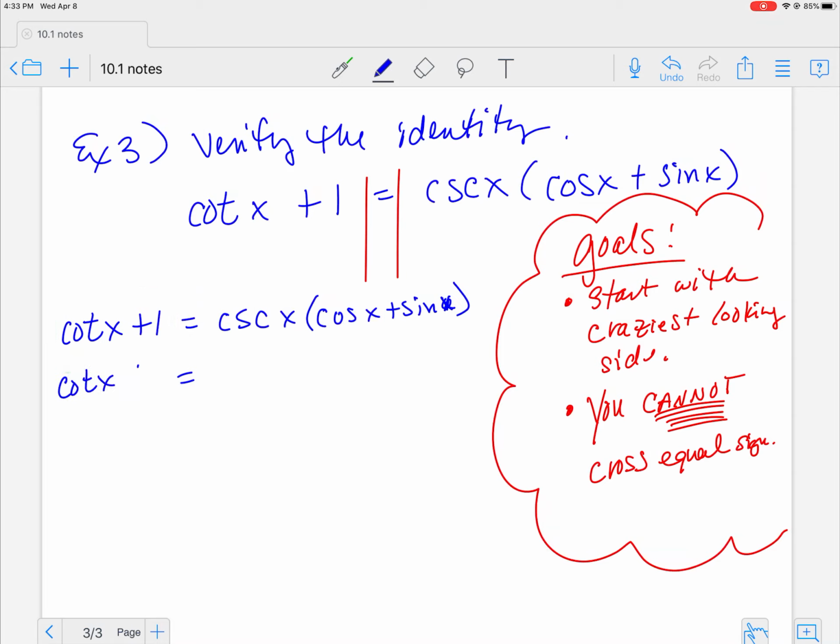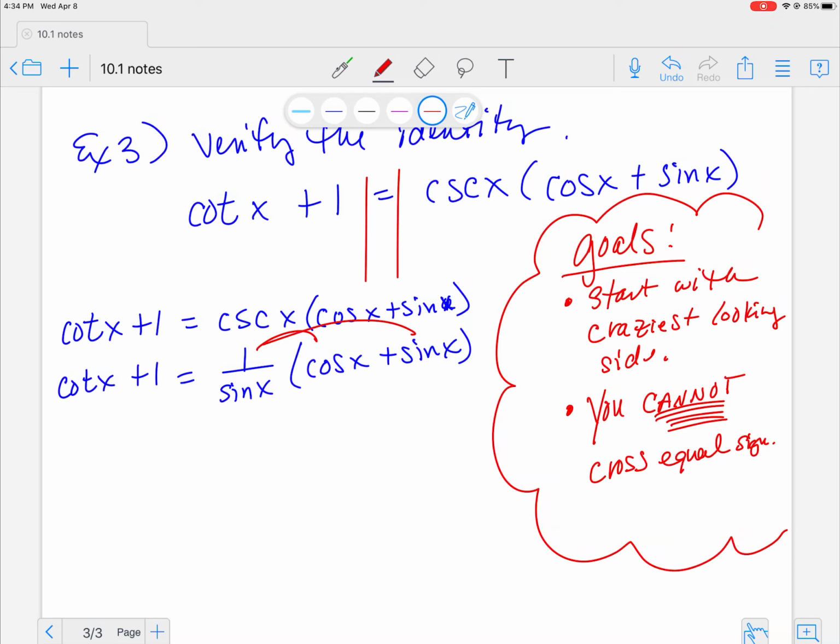When in doubt, go back to the 1 over sine. Now, your book doesn't touch this side and leaves it up at the top. I'm not going to do that because 98% of success in mathematics is what? Yup, organization. Nailed it. So I'm going to change this to sine. And then I'm going to distribute. And you see it just happening.